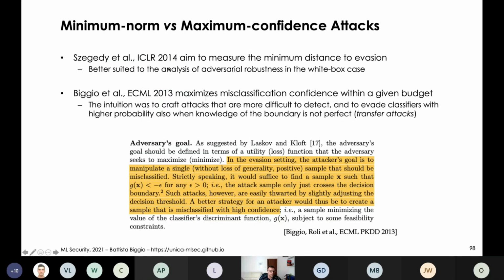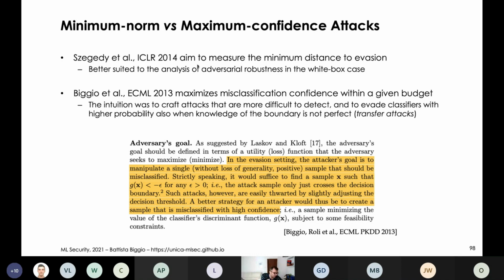All right, so what I want to stress a bit here is the difference, because this is something that we will also see later on, between minimum norm or minimum distance attacks and maximum confidence attacks. In this intriguing properties paper, they use this minimum distance notion. They want to find the samples which are as close as possible to the decision boundary, but classified as something different.